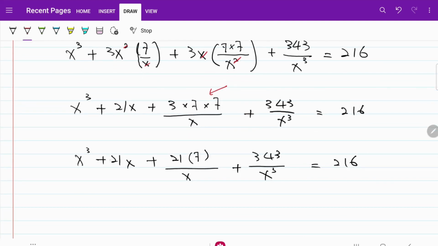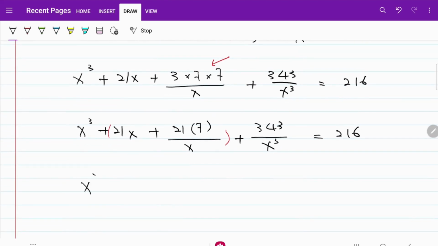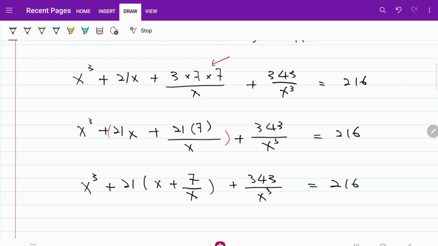On this red color bracket, 21 is the common term, so what we are going to do is to take out 21. So I have x cubed plus 21 times x plus 7 over x, plus 343 over x cubed is equal to 216. And if you may recall, what I have in the bracket is exactly as what we have established in equation 1, which is equal to 6.